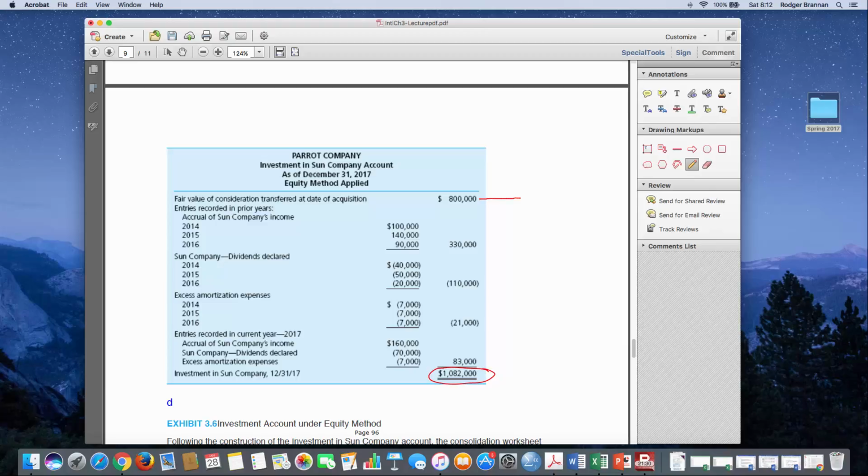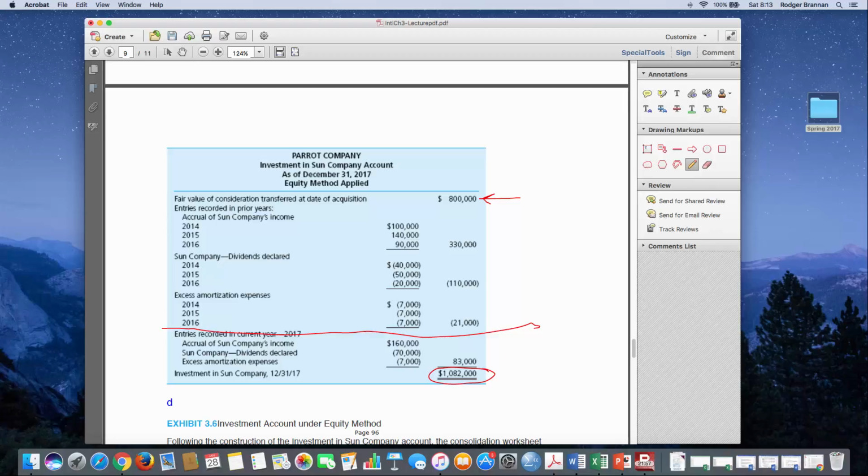I know from what we calculated, they started with 800,000. That's what they paid. I also know from what they told me, and we'll do this in 2 stages, that from 2014, 15, and 16, 3 of the 4 years, the Sun earned these amounts of net income: 100, 140, 90.